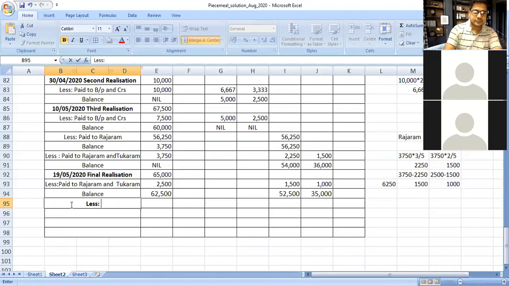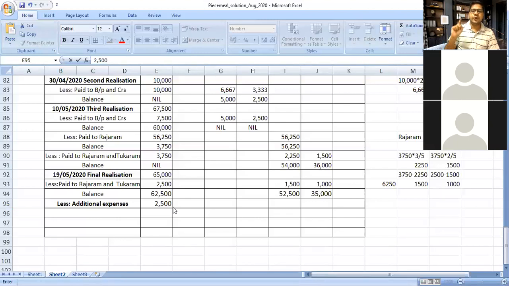Less: additional expenses, amount 2,500. How does this amount come? Because in our problem, the first point was provision for realization expenses of rupees 10,000, and the third point provided actual realization expenses of rupees 12,500.